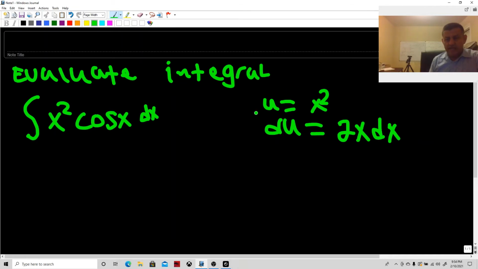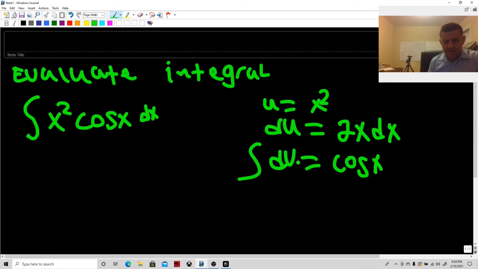So we already let u equal to x squared, correct? Now we have to let dv is equal to cosine x, right? And then we integrate on both sides of this, right?